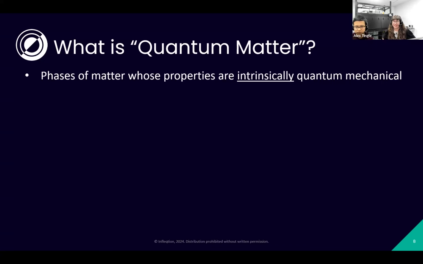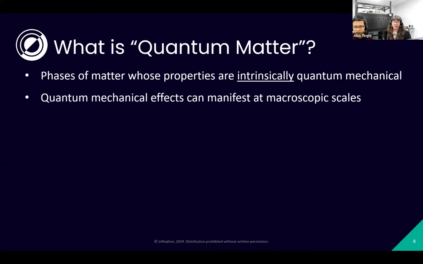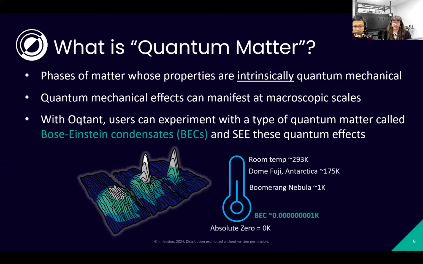These are all described classically. Quantum matter needs to be described quantumly. But this also means that you can look at quantum mechanical effects at macroscopic scales.